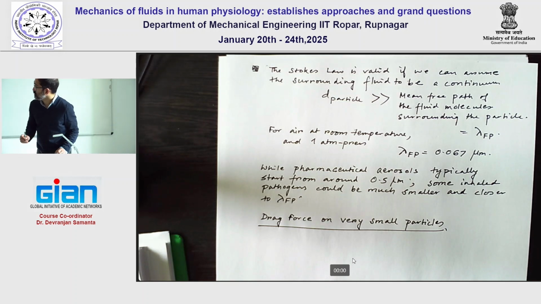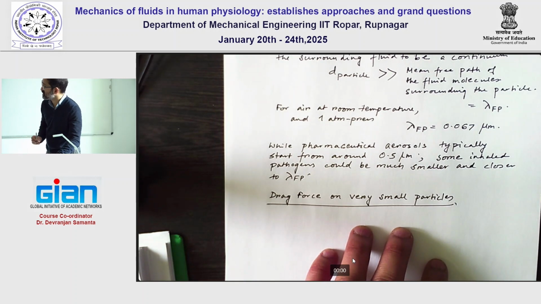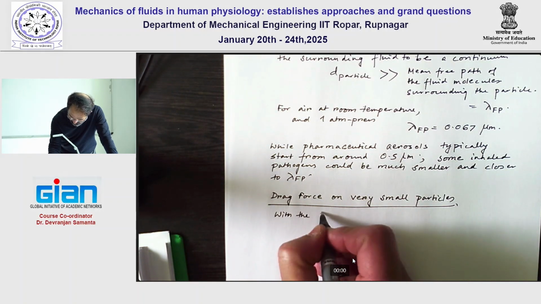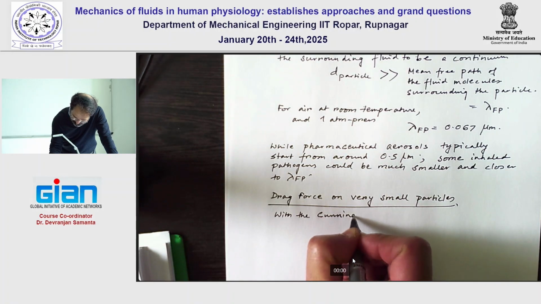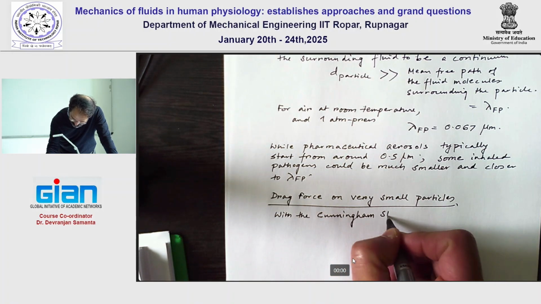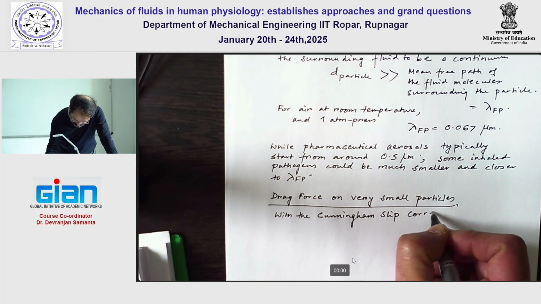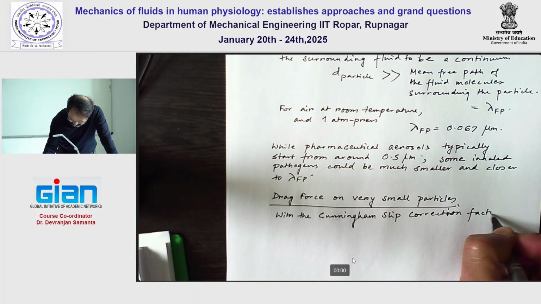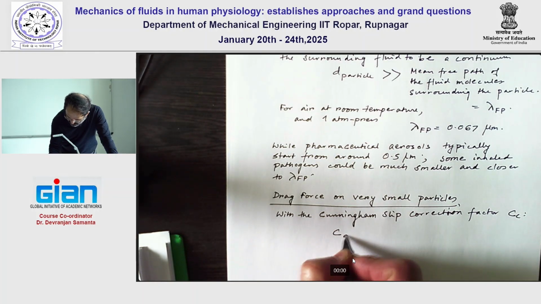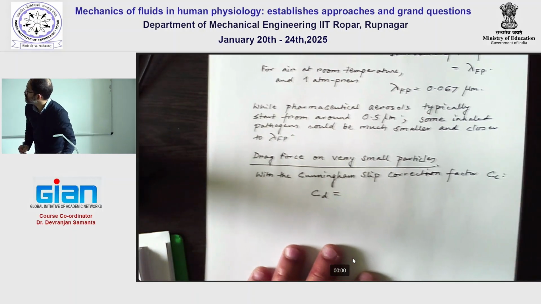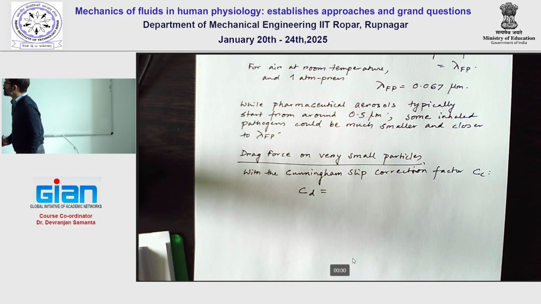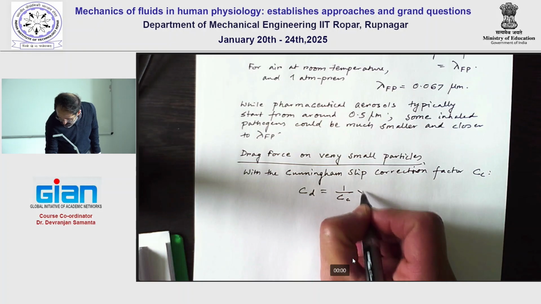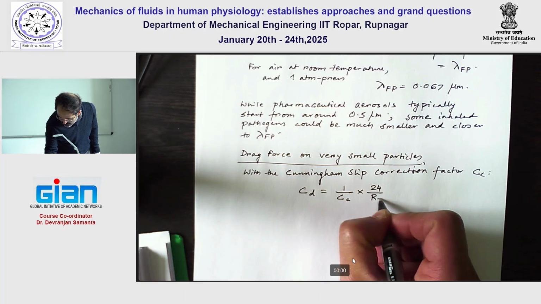We need some correction factor, called the Cunningham slip correction factor, CC. With it, we have a revision: the drag coefficient CD is now 1 over CC times 24 over RE, what it was before.